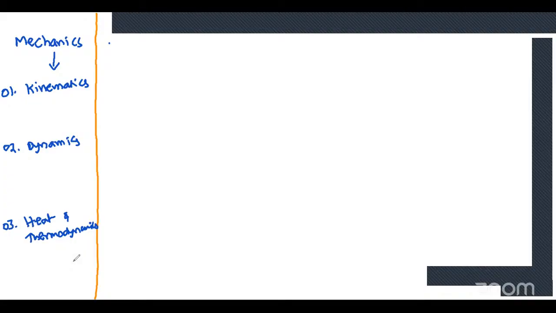In kinematics, we are studying without any external force or external aid.